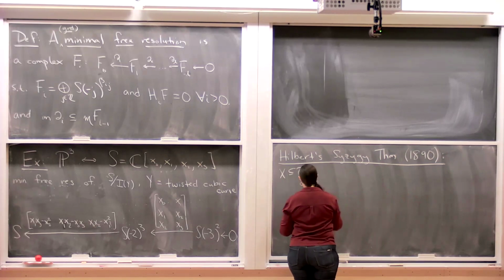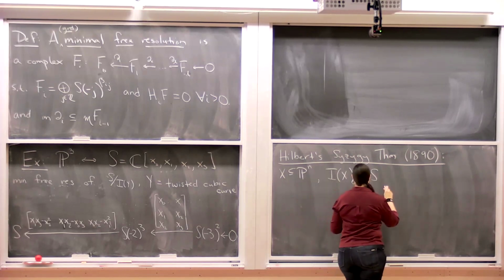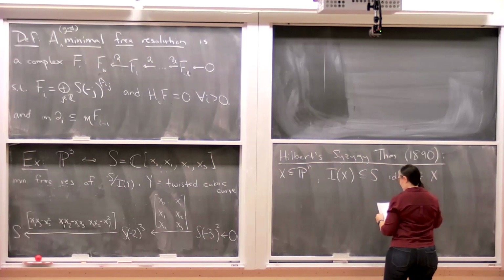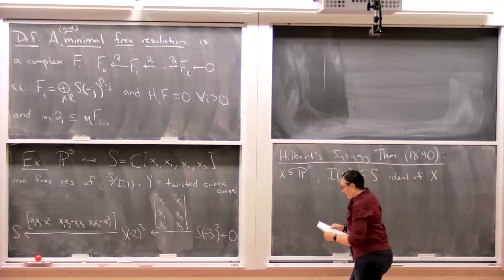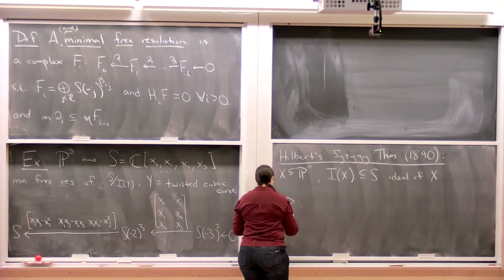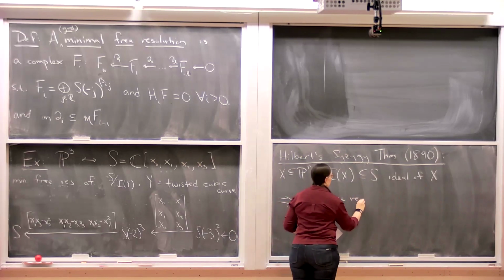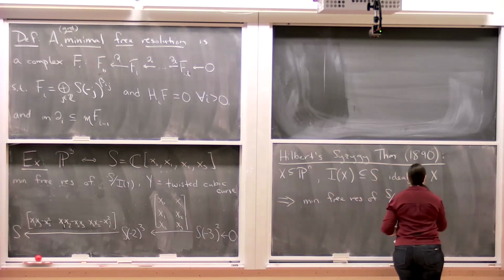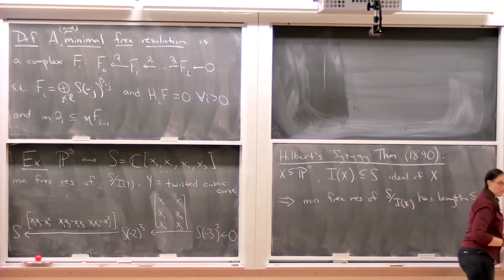So if I have a subvariety X of Pn, and I let I(X) inside of S be the ideal of X, where by the ideal I mean the radical homogeneous ideal associated to it, then the minimal free resolution of S mod I(X) has length less than or equal to n.